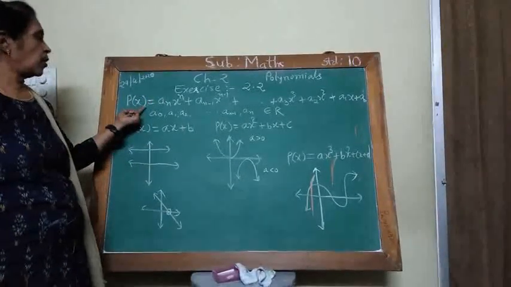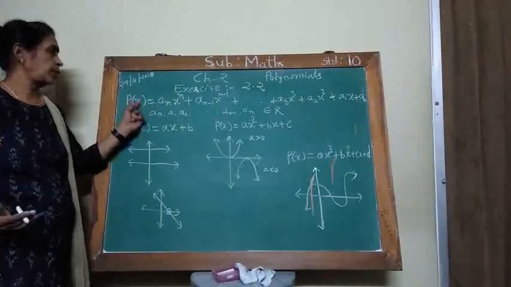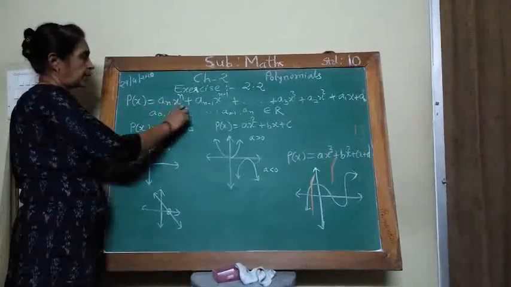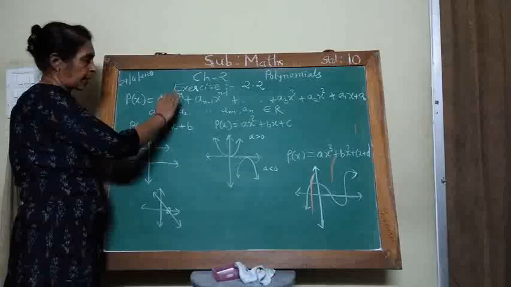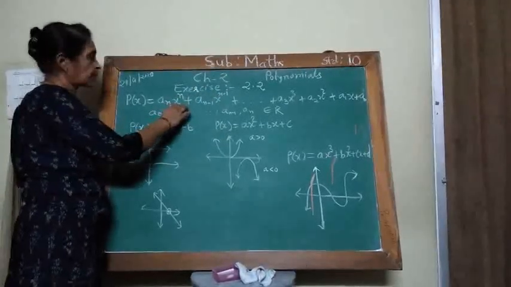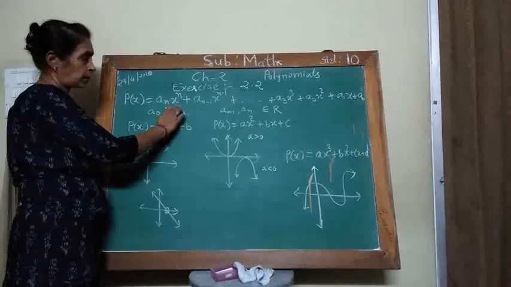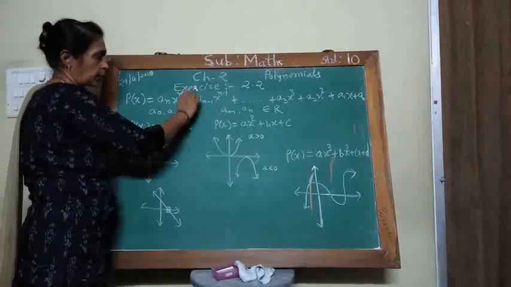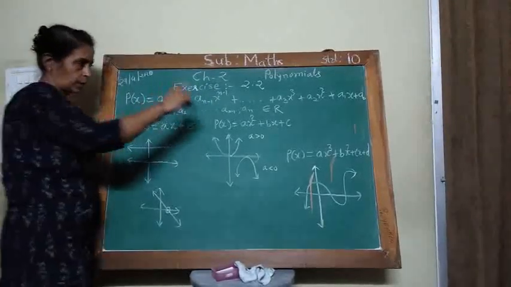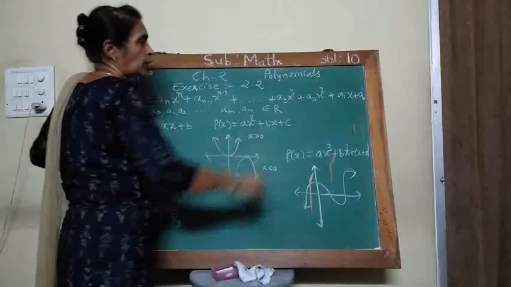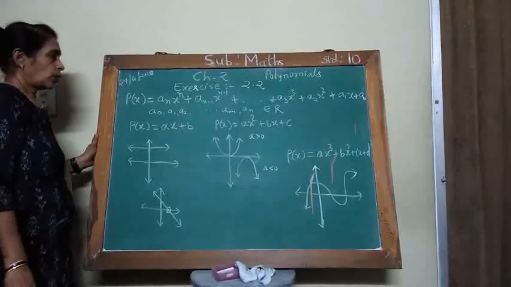Now, the general form of an n degree polynomial is this. I write the terms in decreasing order of degree of x: a_n x raised to n plus a_(n-1) x raised to n minus 1, so the degree becomes one less each time, and at the last you get a constant.